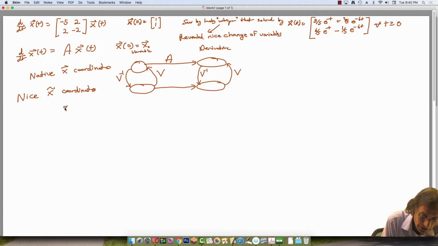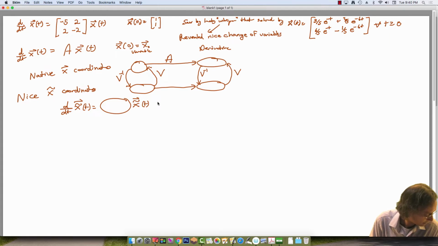So we want to think about d by dt x tilde of t equals something times x tilde of t. So what is this thing?